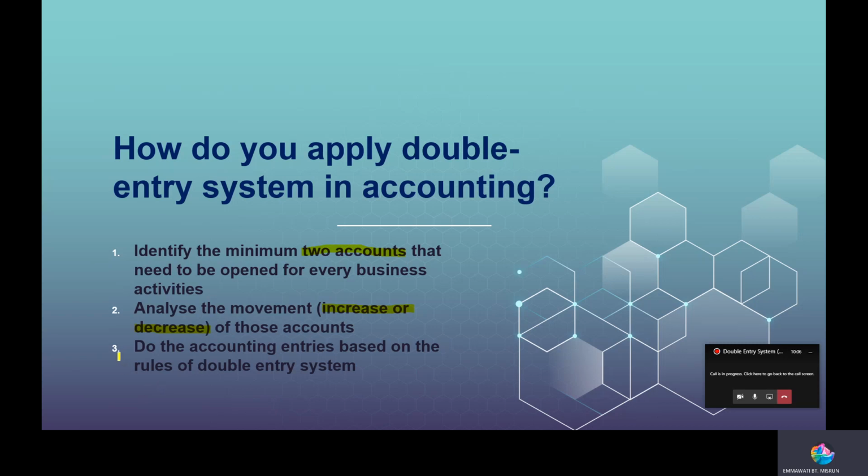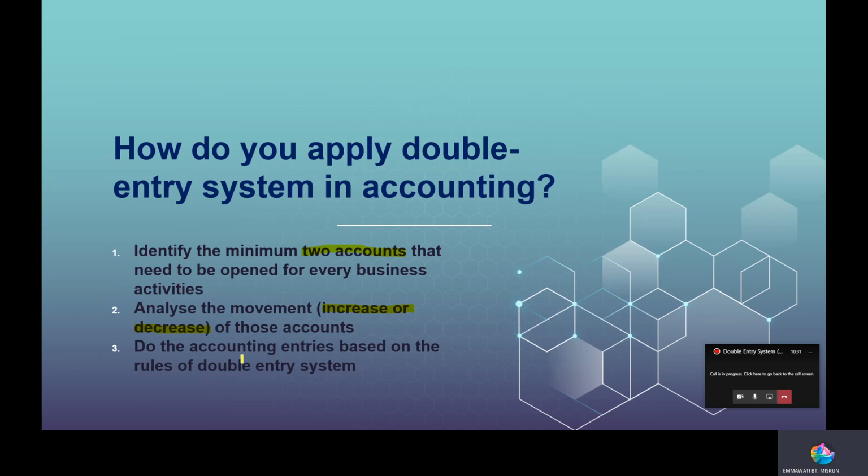And the last step is you need to do the accounting entries based on the rules of the double entry system. So after you have done these first 2 steps, only then you can do the accounting entries by applying the double entry system.